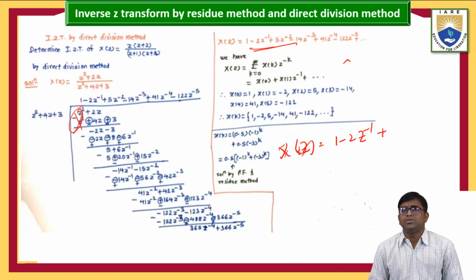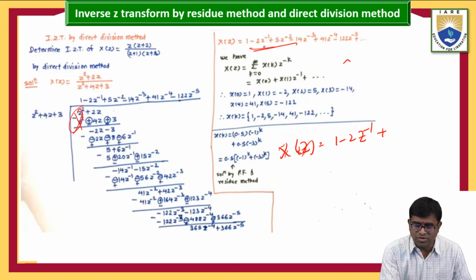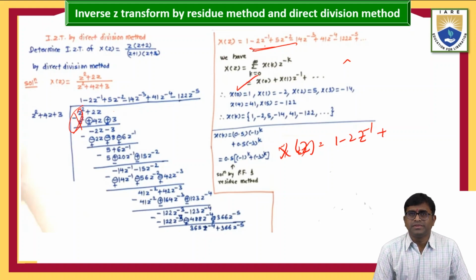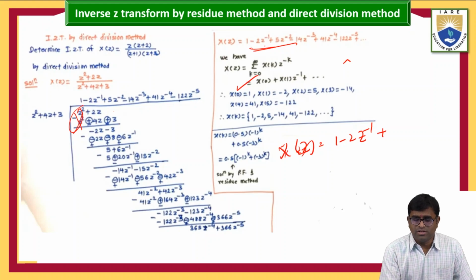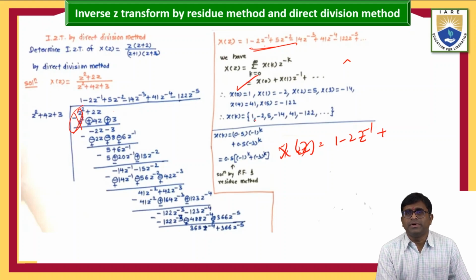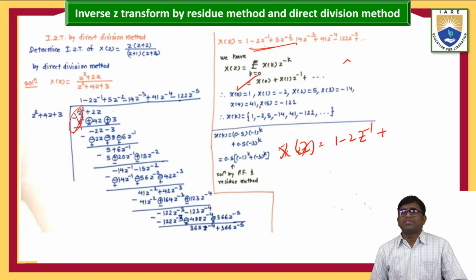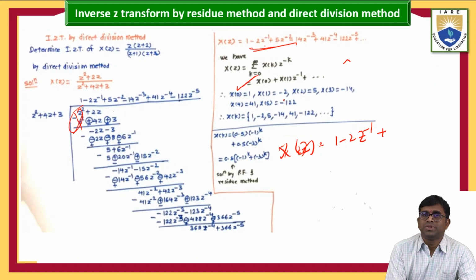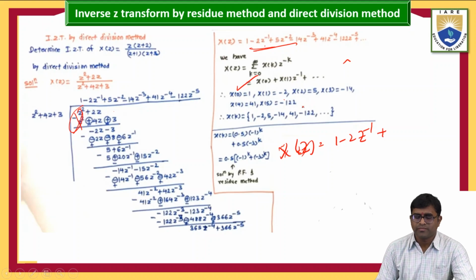All are zeros, only 1 will be there. If you put here z equals 0, we are getting 1. Next, if you put x equal to 1 in the above expression, we get minus 2. If x equal to 2, you are substituting here, we are getting 5. Similarly, you are going.